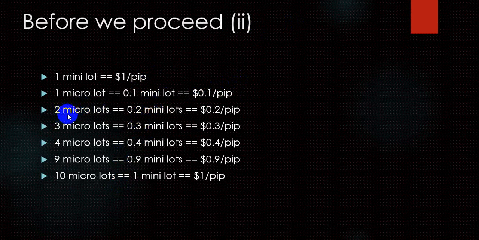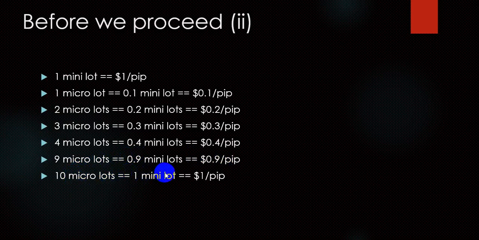And because 2 micro lots is equal to 0.2 of 1 mini lot, 2 micro lots represents 0.2 of what 1 mini lot represents, which is just 20 cents, $0.2. And so the same calculation goes all the way down here, where we have 9 micro lots representing a potential profit or loss of $0.9 per pip. And then if you're trading 10 micro lots, it means that you're trading 1 mini lot actually.